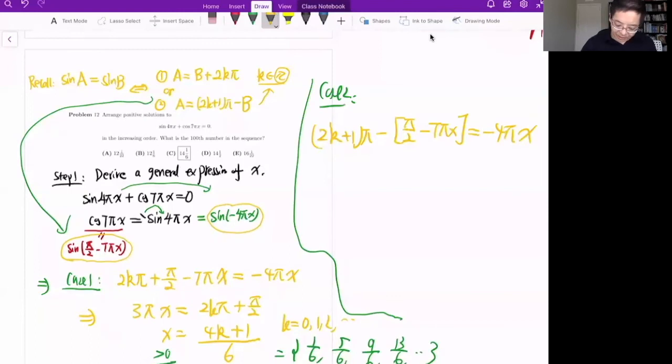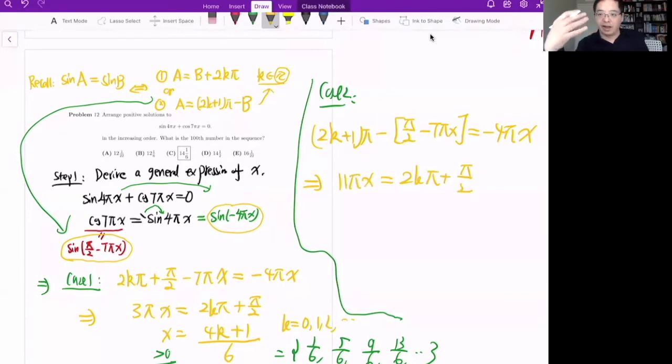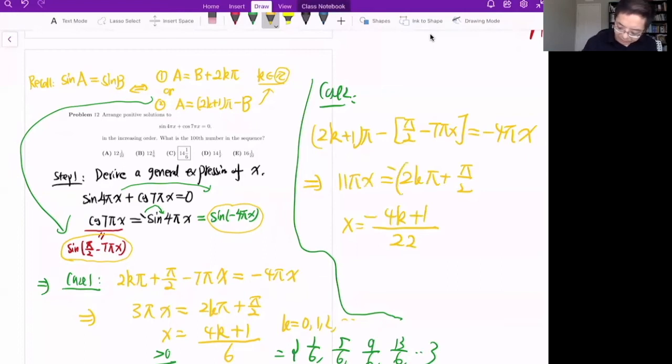Okay, so from here, I can derive 11 pi x equals 2k pi plus pi over 2. Now again, I just divide 11 pi on both sides and simplify the expression. I will get x is (4k plus 1) over 22, but you have a minus sign. Minus, okay. All right.